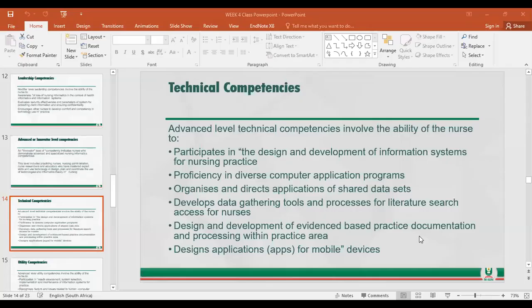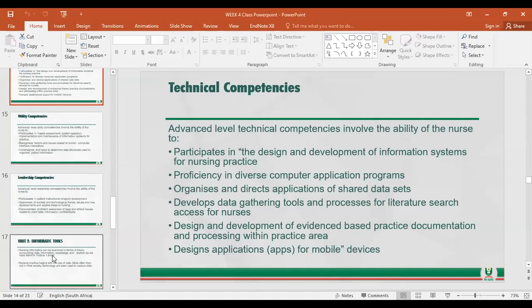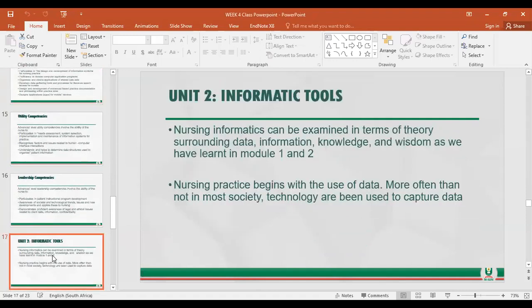Okay, I'm sharing my slide. Okay, unit 2 under module 3, informatics tools.